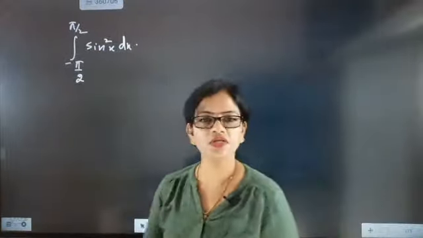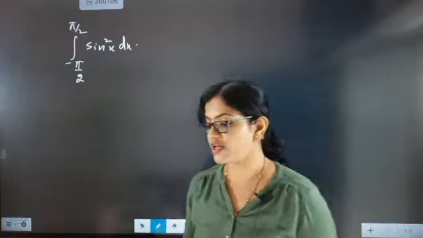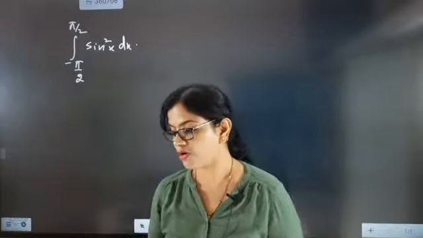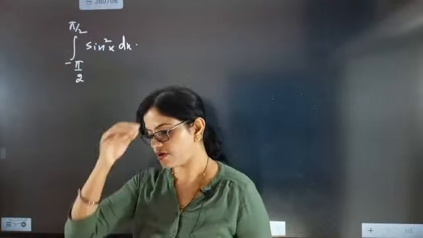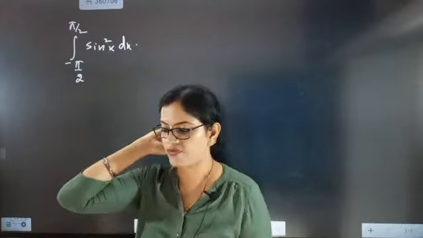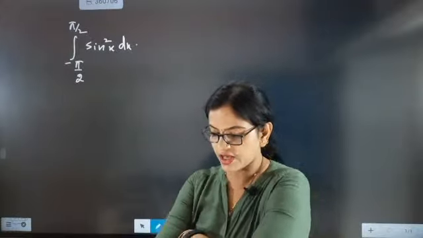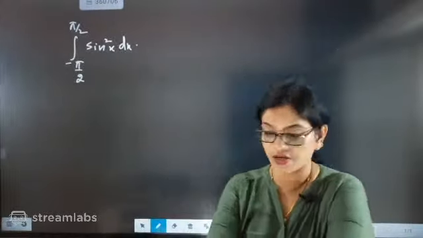If it is an odd function, then the answer will become 0. If it is an even function, then we have to solve it by using the property or formula. So the first work is to identify. Identification is very important.